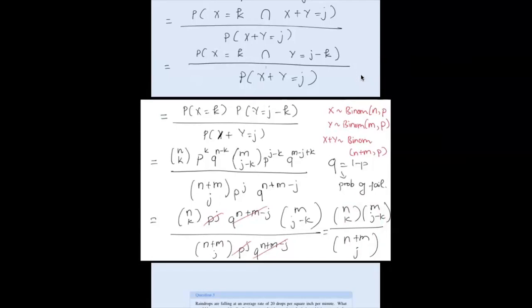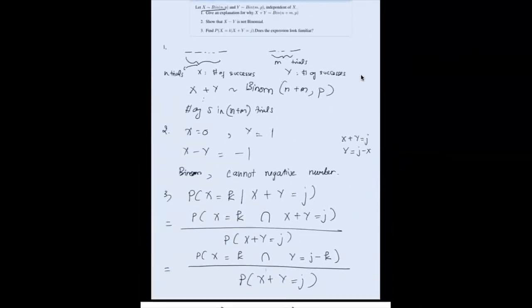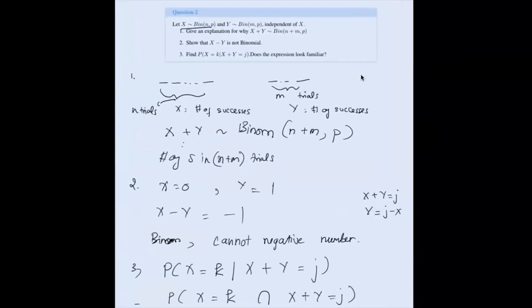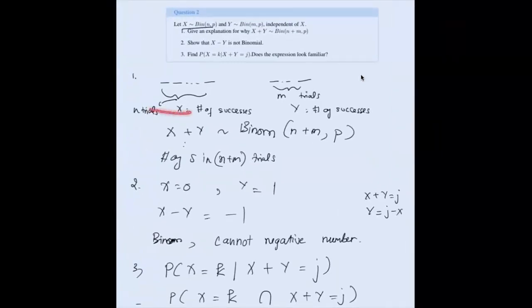And if you think about it, it actually makes sense because what it's saying is, okay, X is the number of successes from here, Y is the number of successes from here. If we know that the total number of successes is J, which is like we take J balls out of the two bins, then what is the probability that K balls will come from the first bin?